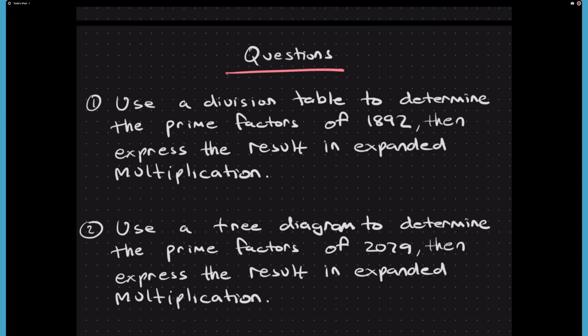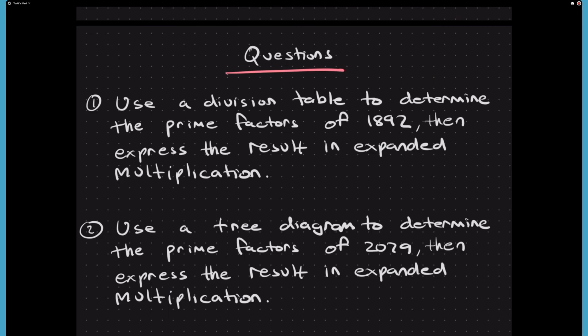Well, just as we did previously, it is time for your practice. So here are 2 questions. Number 1, use a division table to determine the prime factors of 1,892, then express the result in expanded multiplication. And you should use powers in your final answer if you can.